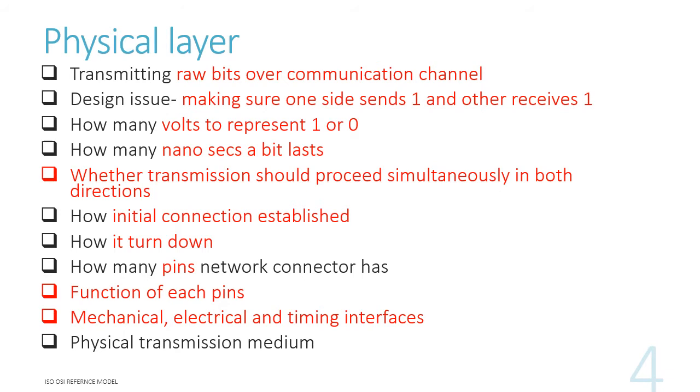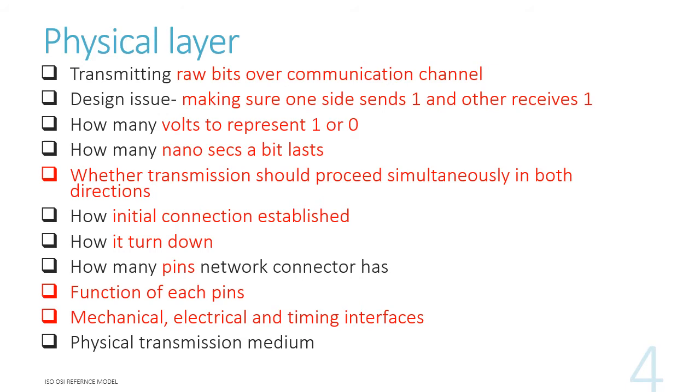The physical layer is concerned with how many voltage pulses are required to represent 1 or 0 and how many nanoseconds a bit should last in a transmission. It is concerned with whether transmission should proceed simultaneously in both directions, how the initial connection should be established, and how it should be turned down.